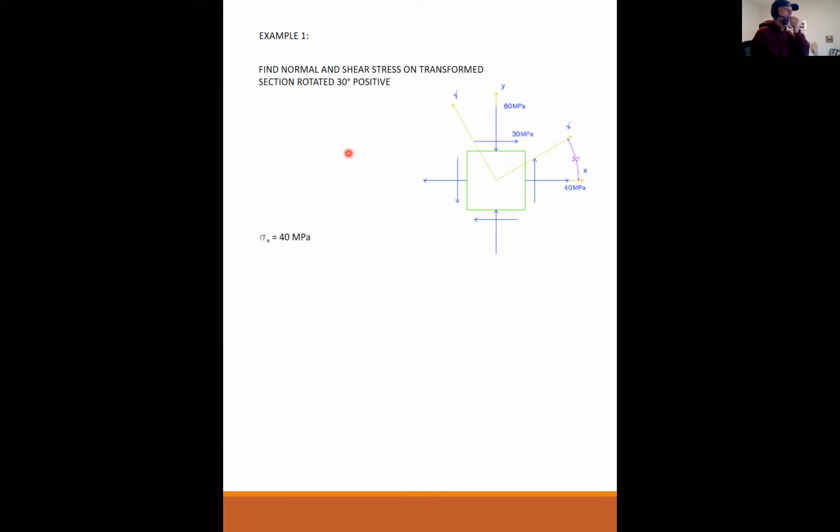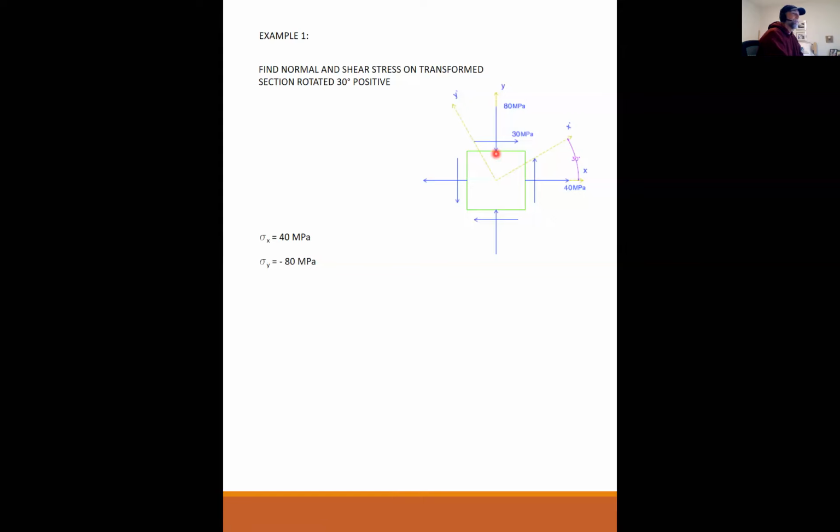So in this case, just in case anybody missed it, I'm reiterating that the two normal stresses and the shear stress are in the original coordinate system. See, the arrows are pulling away from the element. They're in tension. So that's positive. So sigma x is a positive 40 megapascals. Sigma y is pushing into the element. That makes it negative.